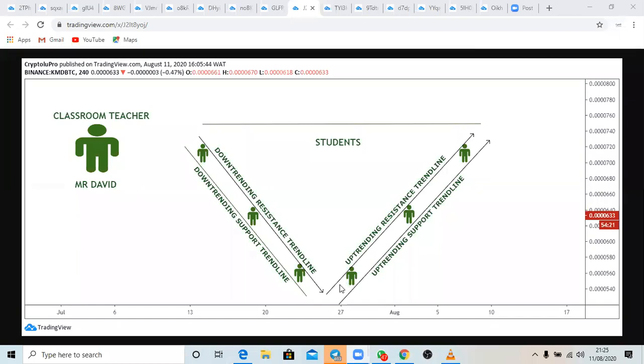Let's assume the fourth student came back to this trend line here, this downtrending resistance trend line. That is what will be called a retest. That is, the fourth student came to retest this trend line here.